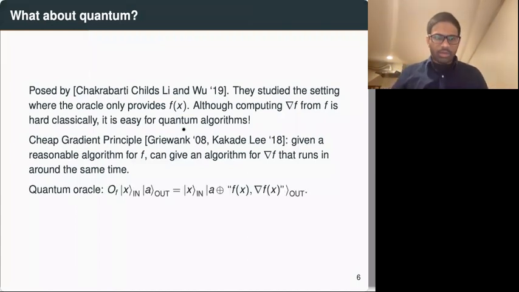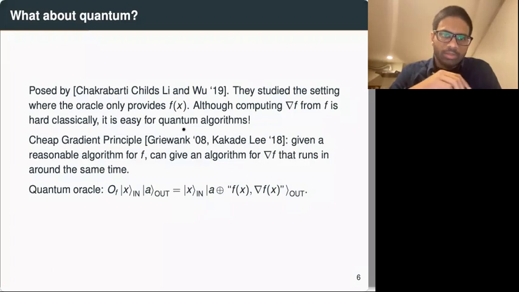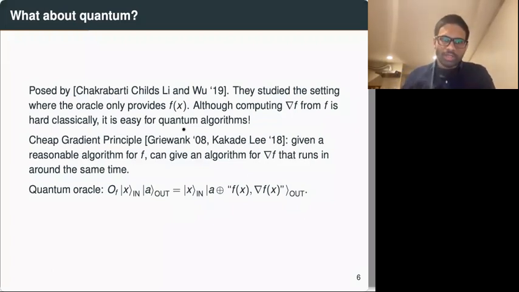And so in this setting, we're going to look at an oracle. So this is now the quantum model. The model is quite similar to that of normal quantum query complexity. You have an input register, which has as its basis states input points, x in R to the n. There's a question of what precision you want, which I'll come to in a bit.